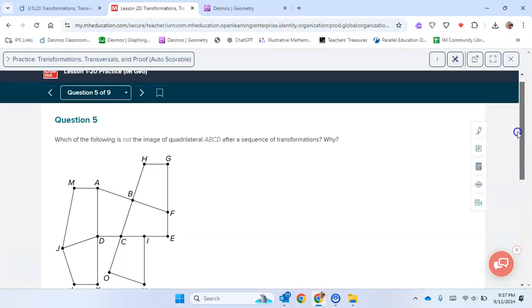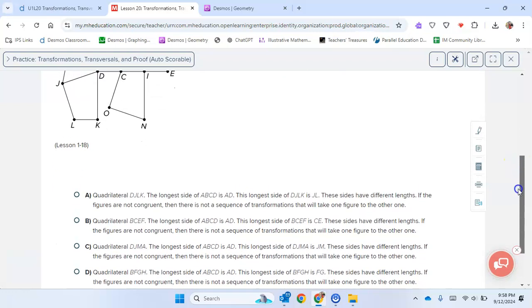So AMJD is not the image of ABCD. It's larger. You can see on ABCD the longest side is AD, and then on AMJD the longest side is MJ, and it shares a side.